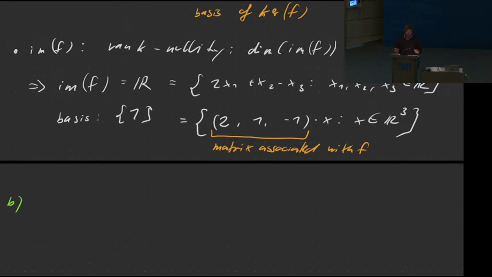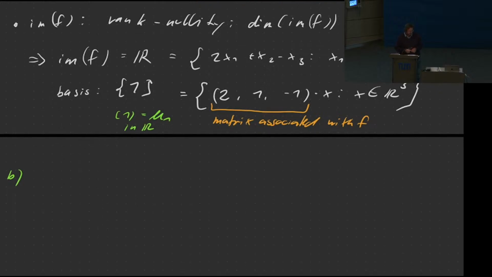The zero vector, of course, doesn't make sense, so it's just the vector that consists of this one entry. That is the unit vector in R. And again, you could use any other vector with the exception of the zero vector here. That would be fine. It's just a matter of scaling, basically. All right, so those are taken care of.